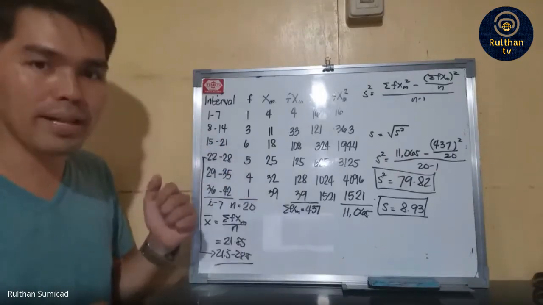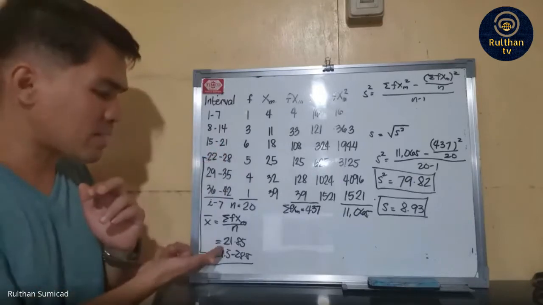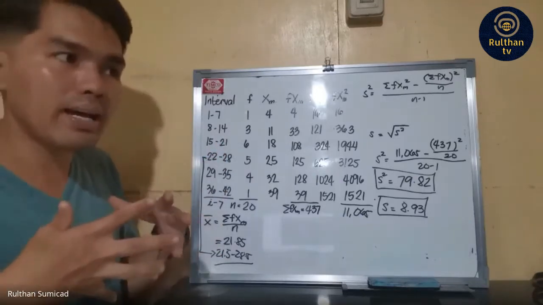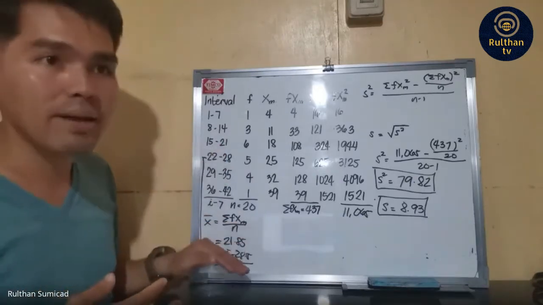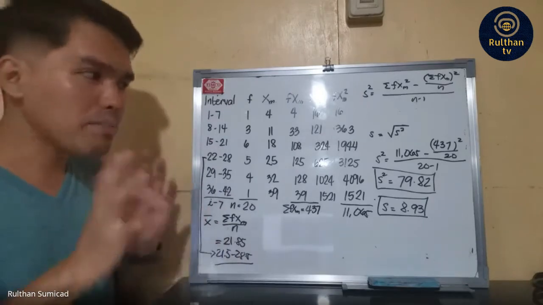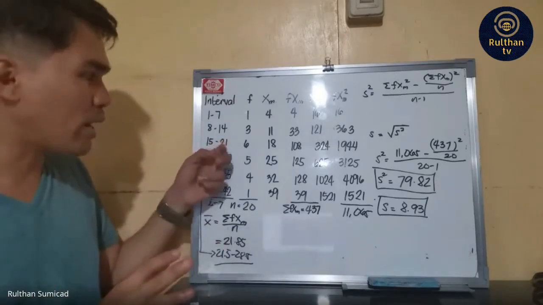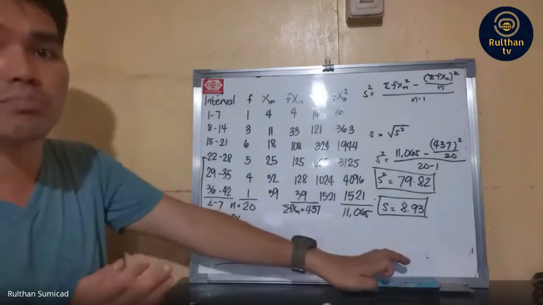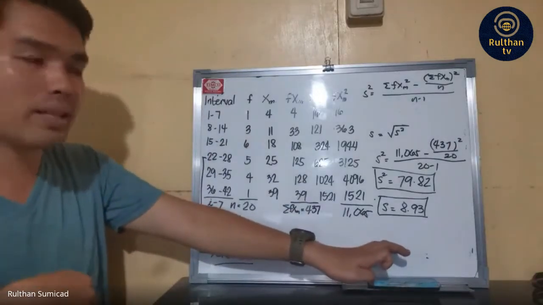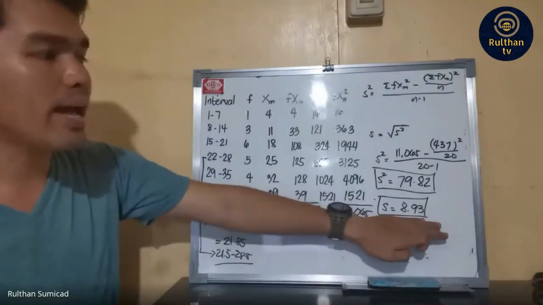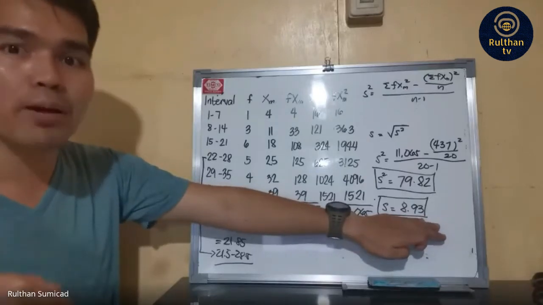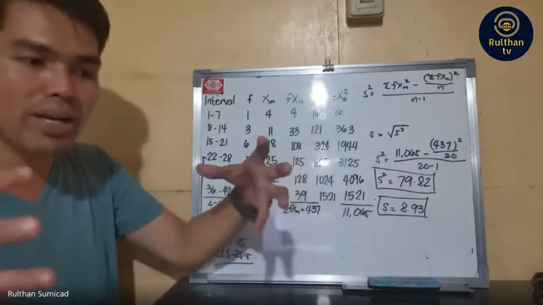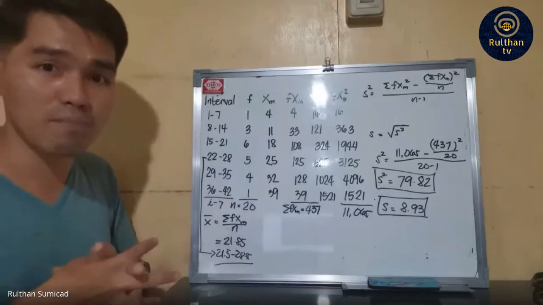For example, -1, because 21 is less than 21.85. So let's say the equivalent z-score for 21 is -1. It means that the score 21 is one standard deviation below the mean. That's why it's called -1, which is equivalent to 8.93, whatever the unit is that we're talking about for that distribution.